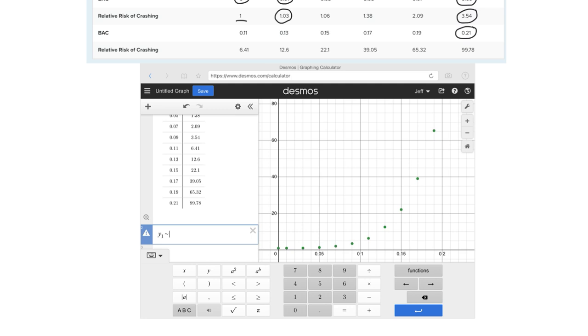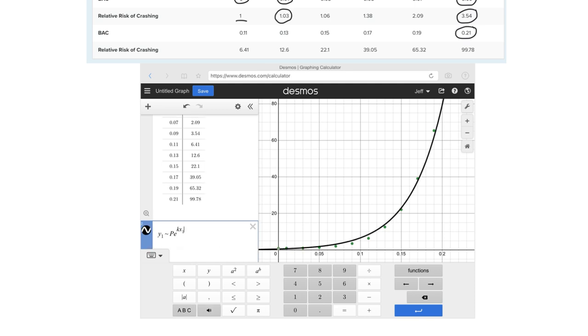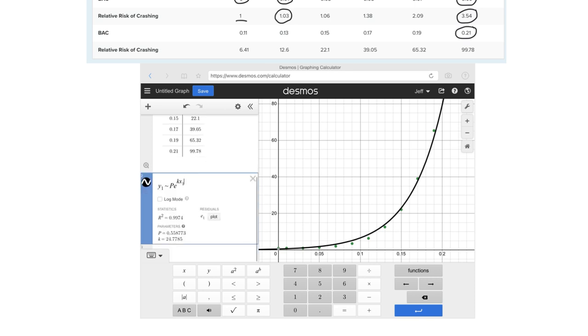So y1 tilde, and then I'll just use a p instead of a p0, and then an e to the k times x1 there. So you take a look, and sure enough, that line sort of follows the data there. So if I go down below here, it tells me what my p value is, and it also tells me what my k value is.